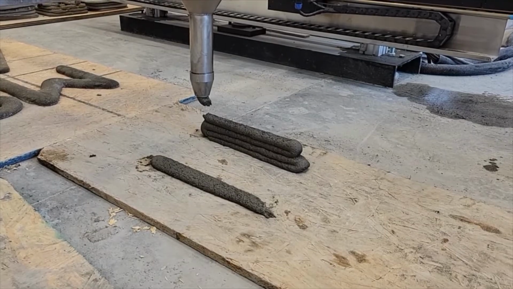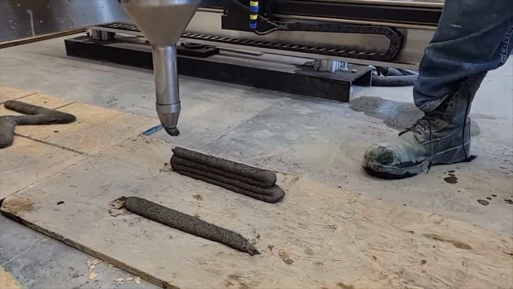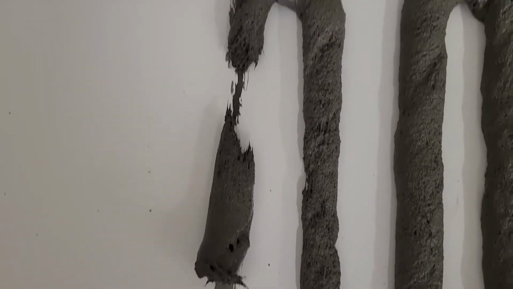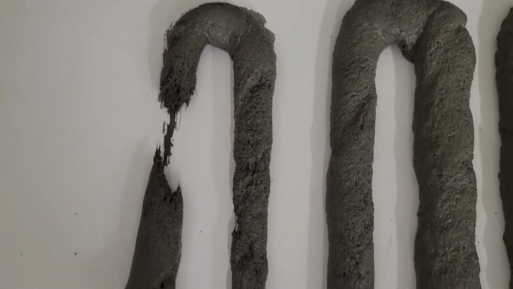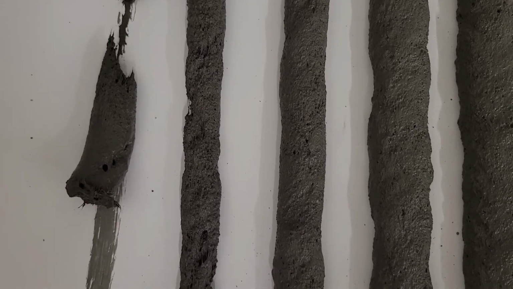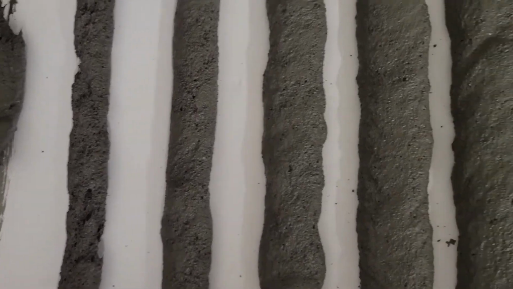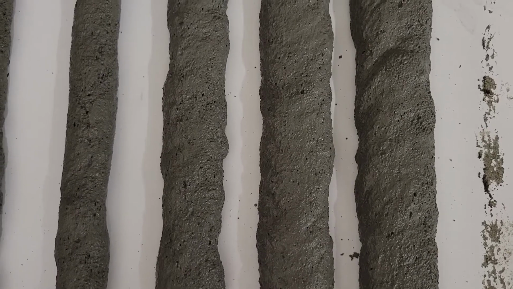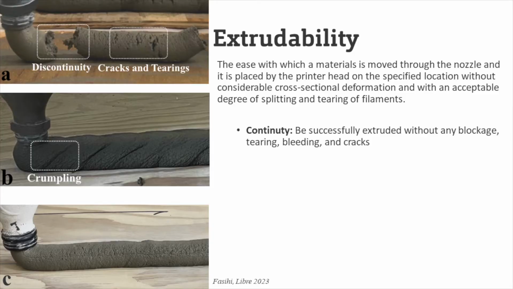In the filament inspection test, one layer of the filament is printed and examined. The material is considered to be extrudable if the printed filament satisfies the continuity, conformity, and consistency conditions. Filament continuity means successfully extruding the printing materials without any blockage, tearing, and cracks.